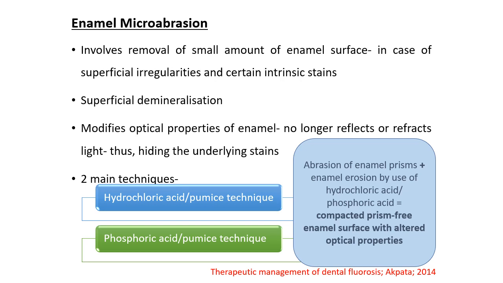The two main techniques used for enamel microabrasion are the hydrochloric acid and pumice method, or the phosphoric acid and pumice technique. What happens is that abrasion of enamel prisms plus enamel erosion by use of hydrochloric acid or phosphoric acid results in the formation of a compacted prism-free enamel surface with altered optical properties.